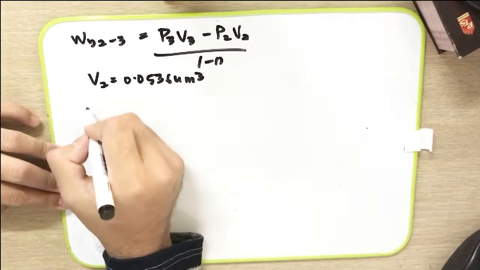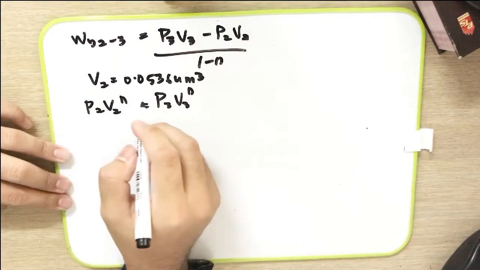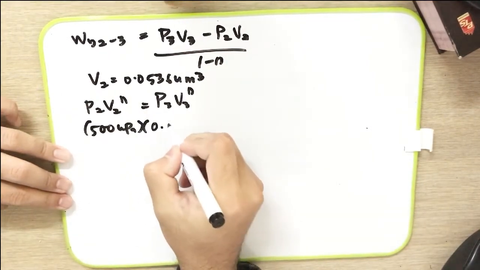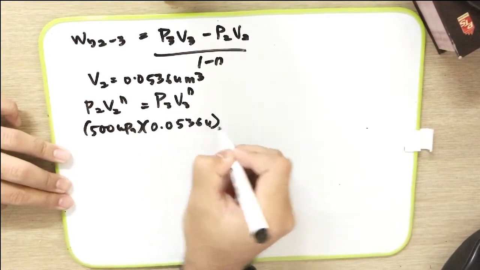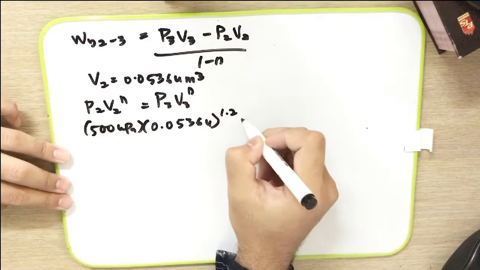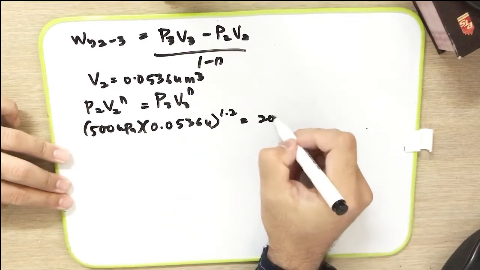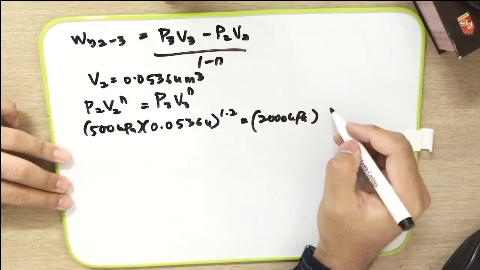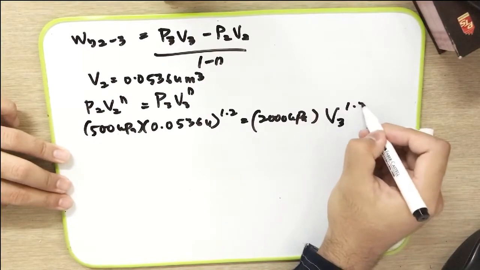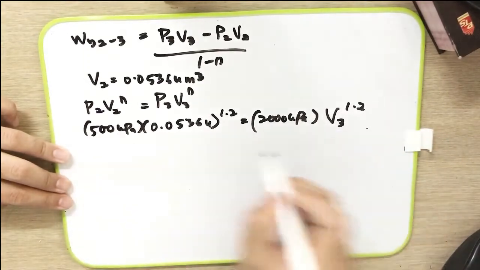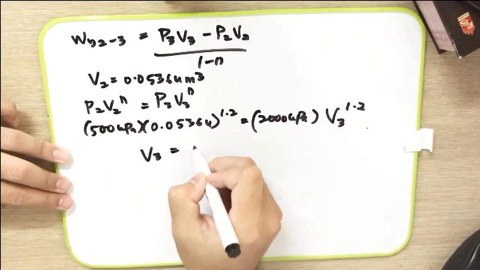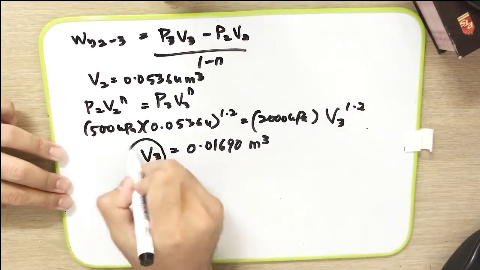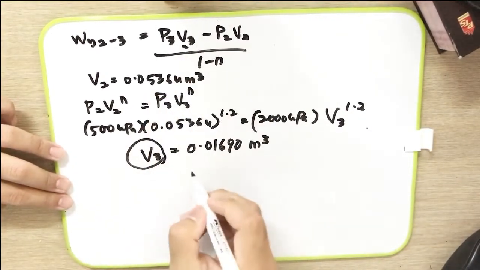So we use this relation: P2 is 500 kilopascal, V2 is 0.05364 to the power of 1.2, equal to P3, which is given as 2000 kilopascal, with V3 to the power of 1.2 that we want to find. After we solve, we get V3 equal to 0.01690 meter cubed.